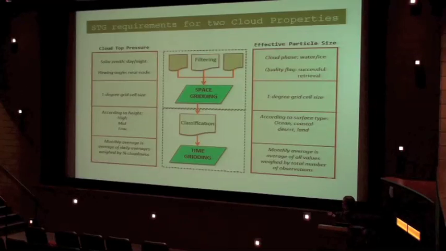But for a cloud optical property, you may want to do it according to water or ice, the phase, and also make sure that you only filter the successful retrievals. But you can have any number of filters up here, and that's also 1 degree. And then you can classify according to land type. You want to separate ocean and land.